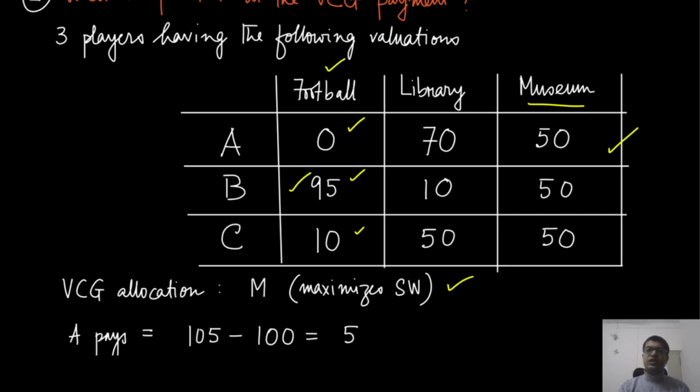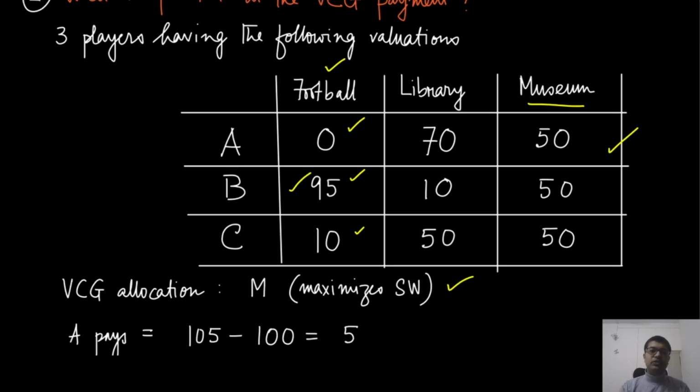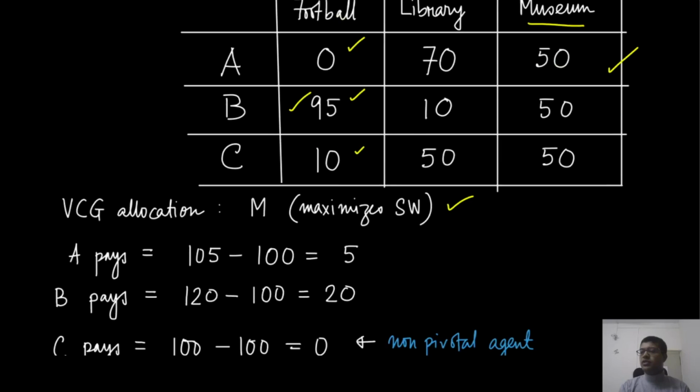Now we'll have to find out what is the payment that all these individuals make, and that is exactly where this pivotal thing comes in. So just use the formula that we have already discussed. When you are trying to compute the payment for player A, the first term will be the allocation and the sum of the valuations of all the agents except agent A when A is not present. So if you remove agent A from the system, what will be the outcome?